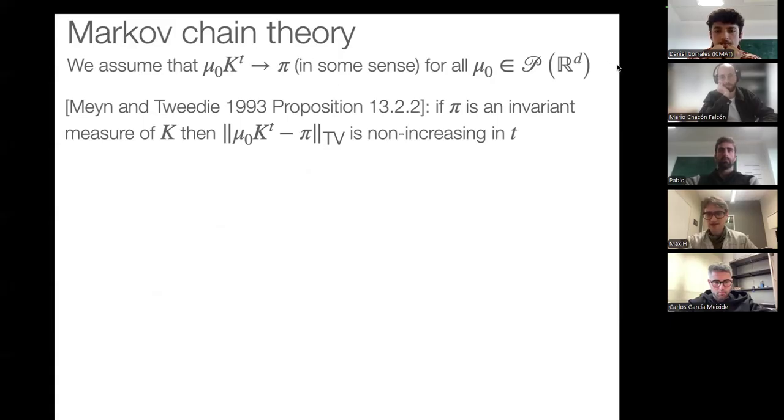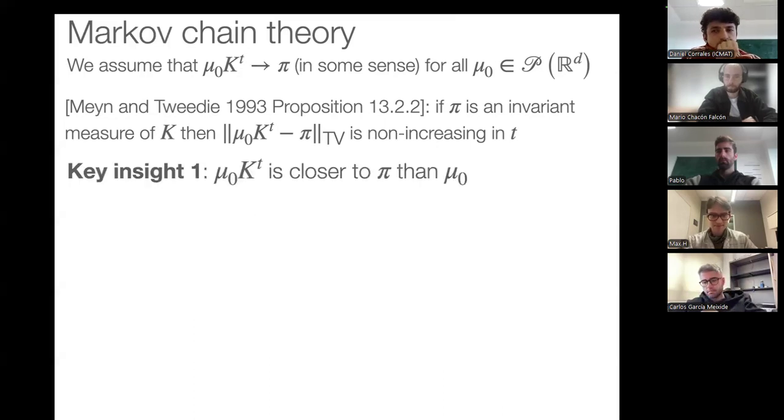In particular, we can make a quantitative estimate of how fast mu naught K to the T converges to pi. Here we have this result: if pi is an invariant measure of K, then the total variation distance between mu naught K to the t, that's just the distribution of the tth state of the Markov chain, and the target distribution is non-increasing in t.